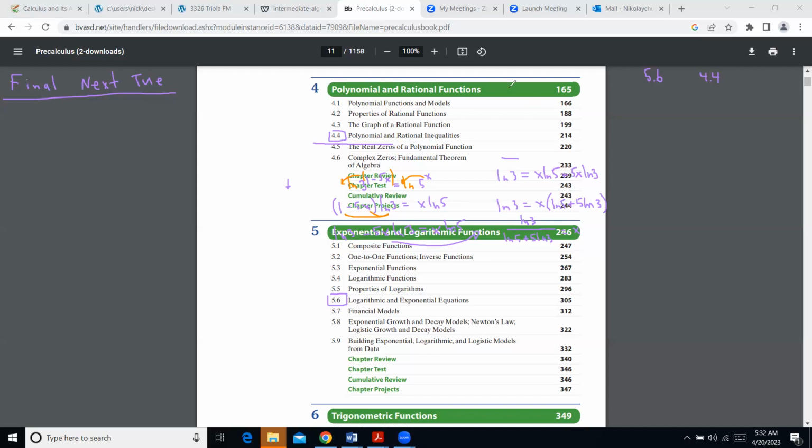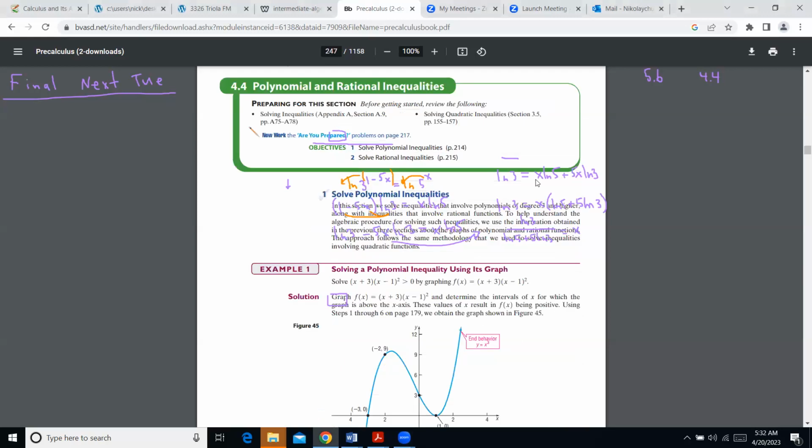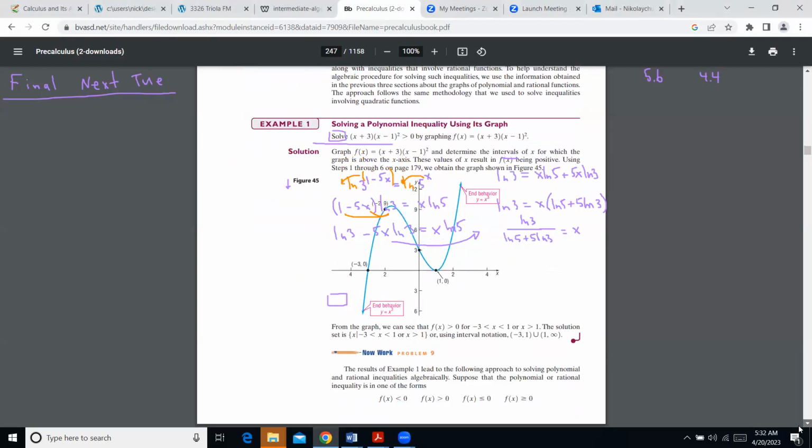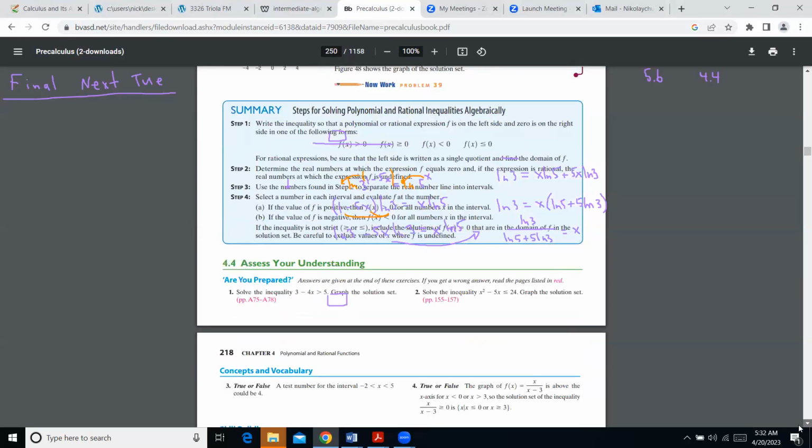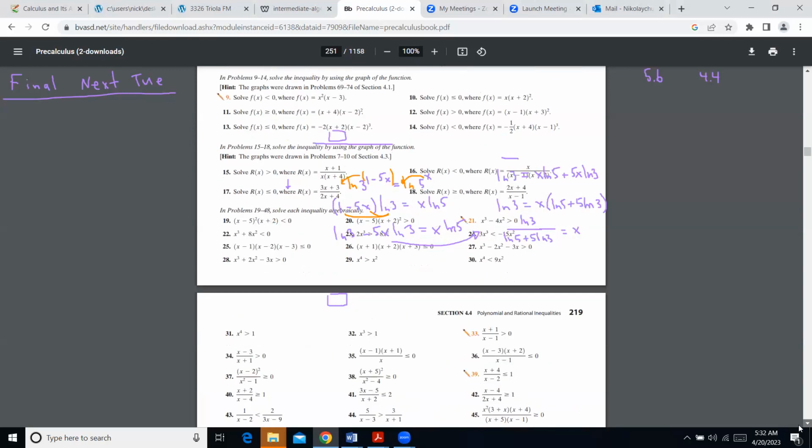So let me do another exercise from section 4.4 that talks about graphing and then solving inequality using that graph.